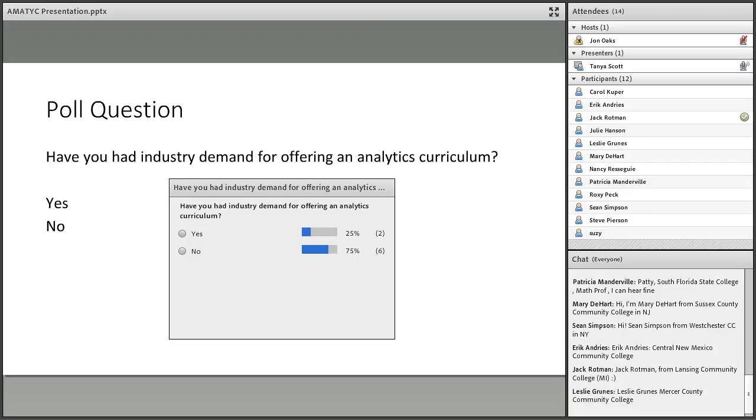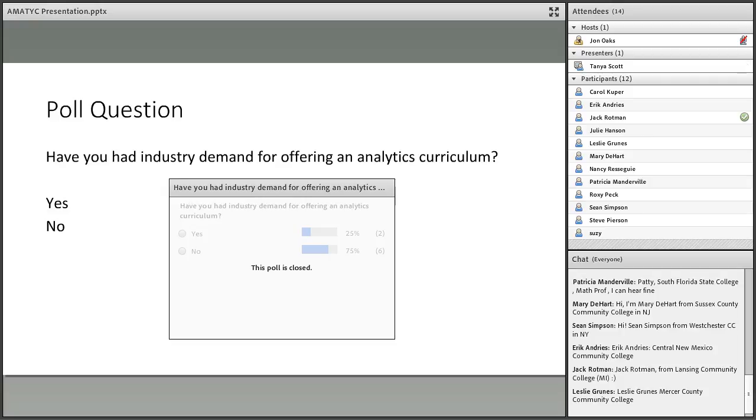And I think as companies recognize the need for analytics, they're going to start coming to the community college as a training opportunity for their current employees, but also in terms of looking for a talent pool, as is the way it's always been with any industry and the community college system.